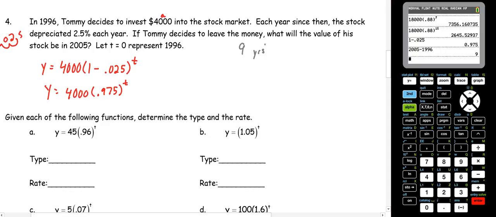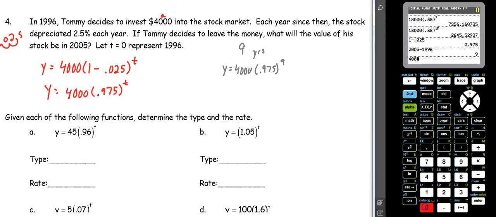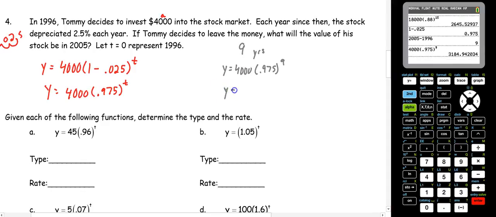So we're going to put that in for t. So y equals 4,000 times 0.975 to the 9th power. That means if he leaves his money in for 9 years, he's going to have $3,184.94 because he's lost some money in the stock market.